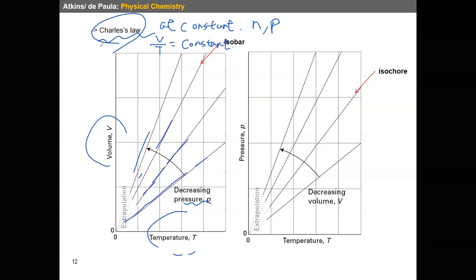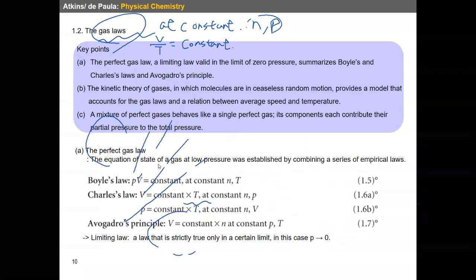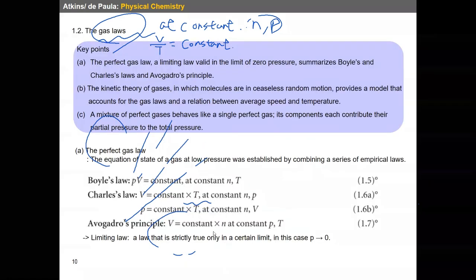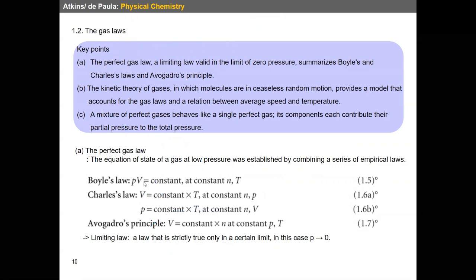So Charles' law is: at constant pressure and number of molecules, T over V will be constant. And Boyle's law: at constant temperature, the PV value will be constant.